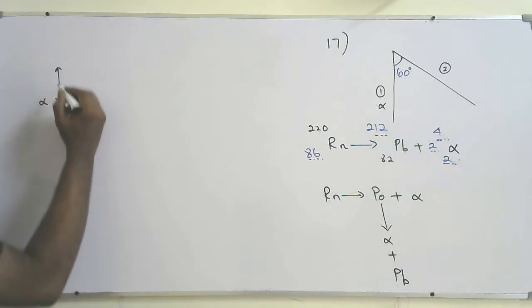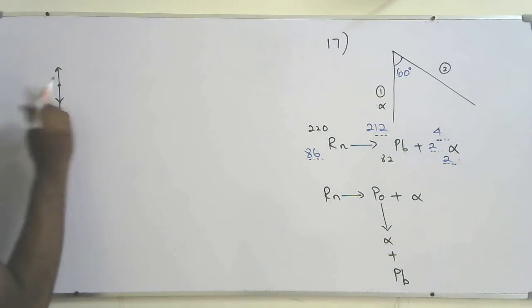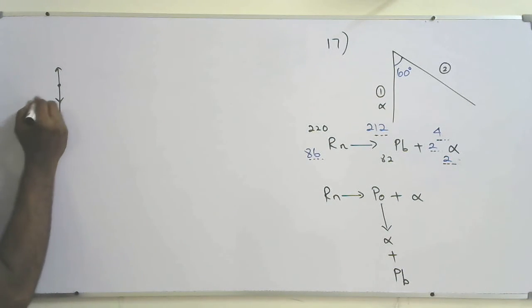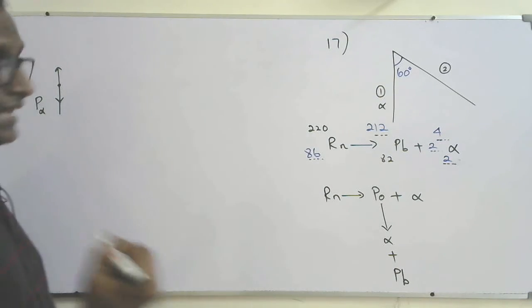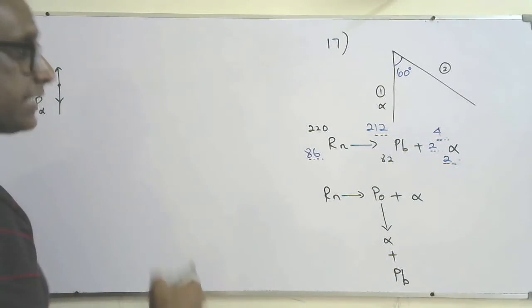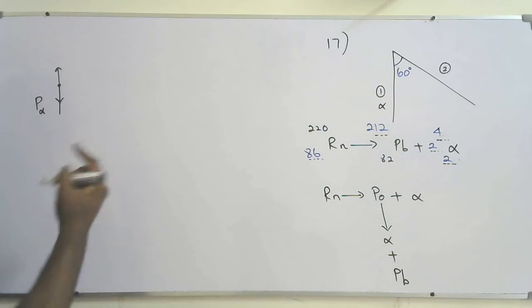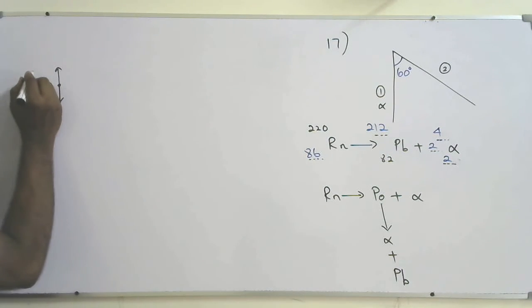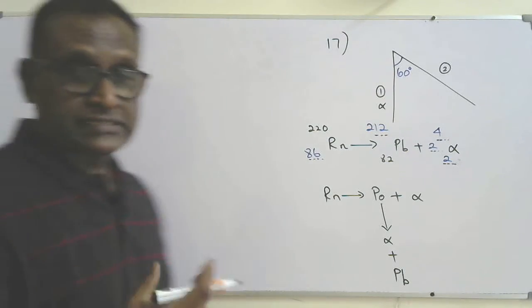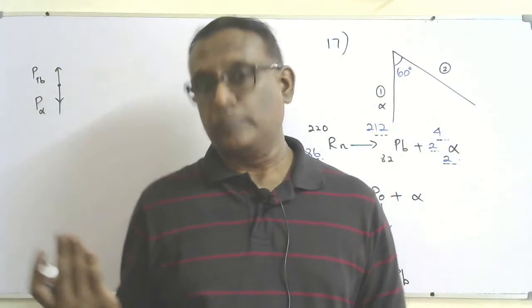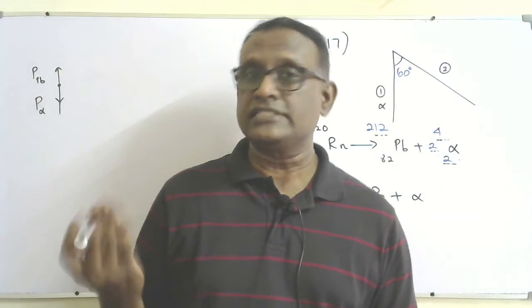So the alpha particle has momentum this way, the direction of motion also this way, and the momentum of the polonium must be in the opposite direction. Both should have the same magnitude but in opposite directions, to conserve momentum, because the initial momentum is 0.